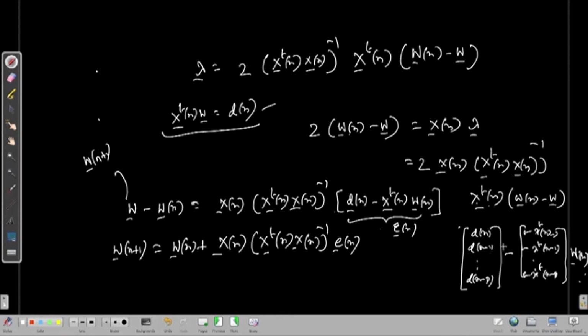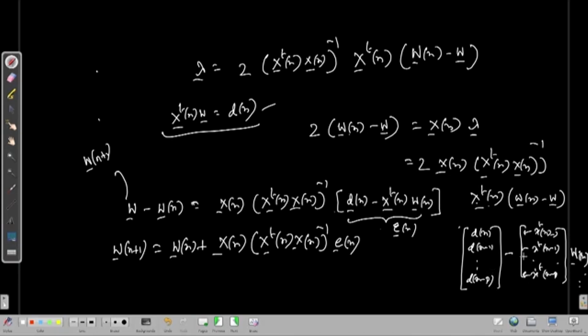So, I get the corresponding error. And next is X transpose n minus 2. If I use the same filter coefficients but go back to the n minus 2th clock, then my filter input is X n minus 2 vector. So, X transpose n minus 2 w n, that is my filter output. That I subtract from d n minus 2.